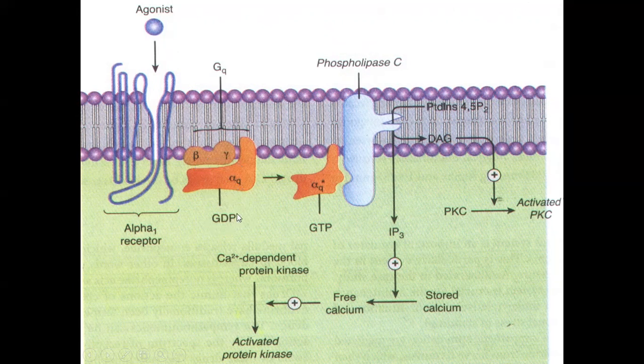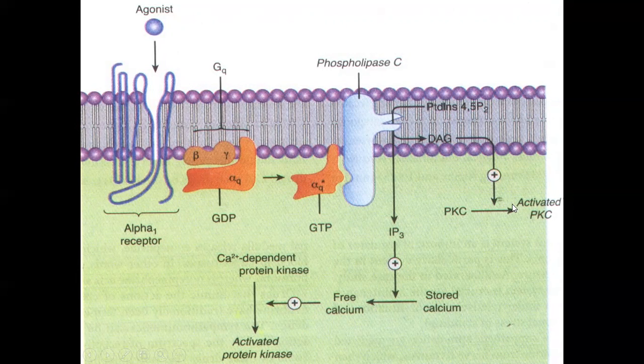Here GDP is converted to GTP. It further initiates a chain of reactions by stimulating phospholipase C. This phospholipase C goes further through two pathways. This is the inositol system, IP4, IP5, IP2, and IP3, and diacylglycerol.